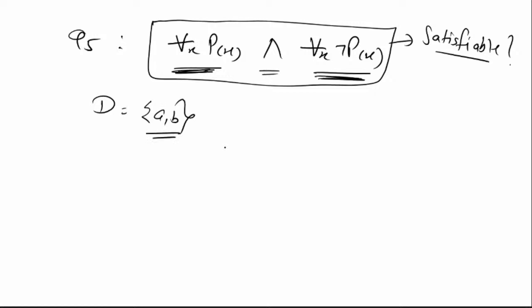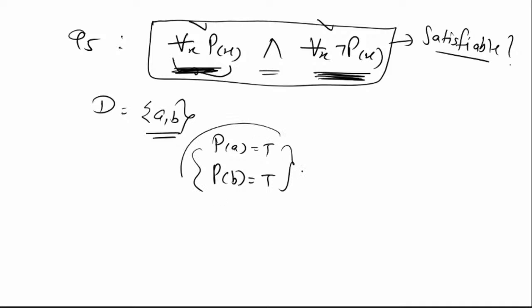Now let's try our best to make this true and this true, both. If I want to make this true, I will have to make PA true and PB true.